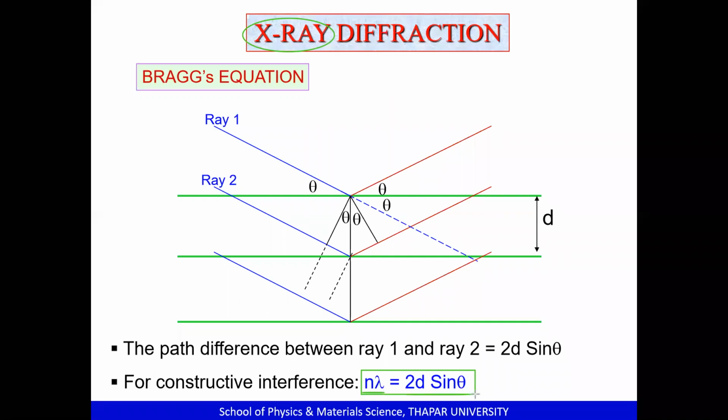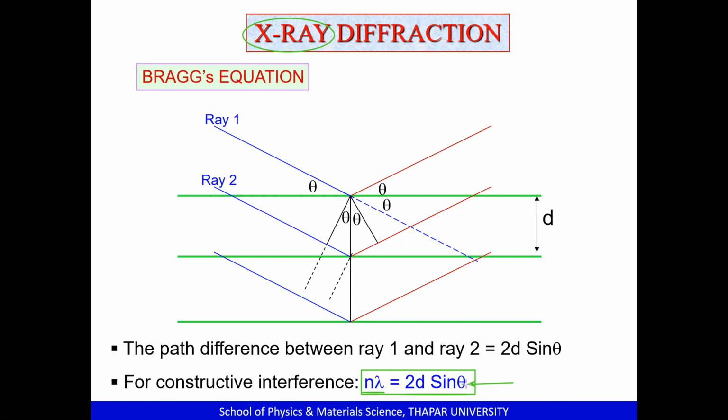What does this mean? This means that for a given X-ray source having fixed lambda, and a given lattice plane having a fixed d value, you will get your diffraction positioned at a unique theta position. Meaning if I read the theta position of diffraction, I can tell what kind of crystalline structure the solid possesses.